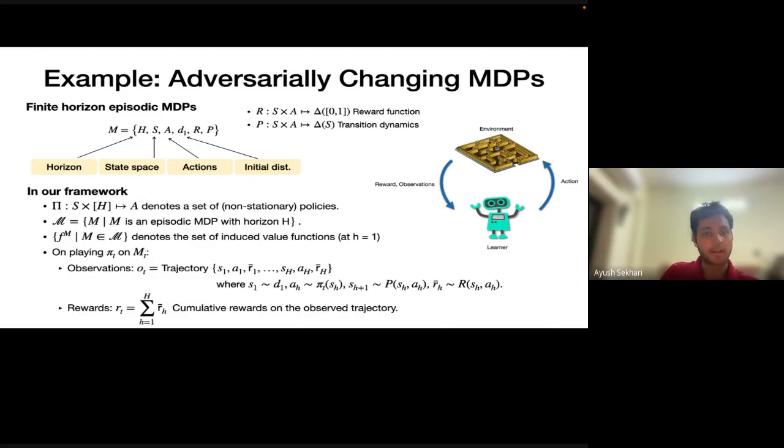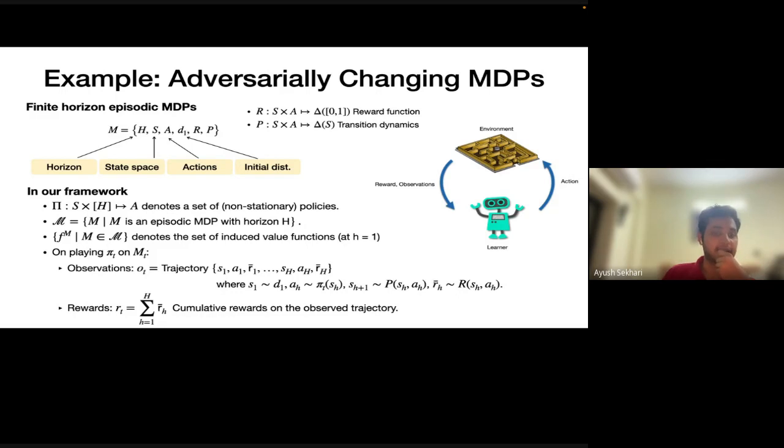Just to explain our framework better, we look at how the adversarial decision-making framework captures adversarially changing MDPs. In particular, the decision space or policy class now consists of a set of policies over the underlying state space.